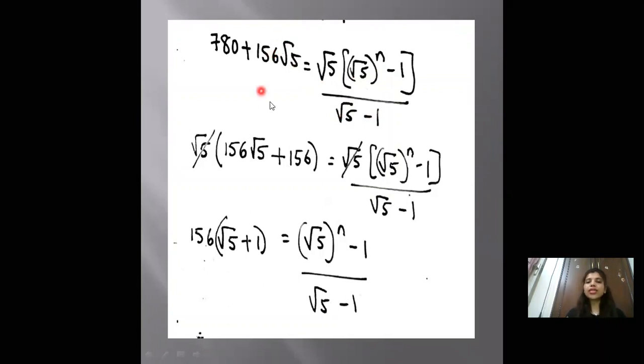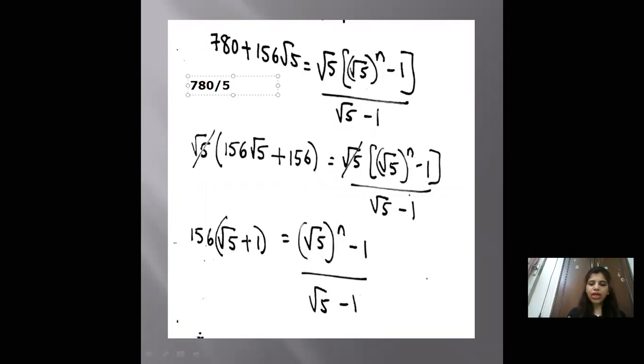Now here you can see that I want to pull root 5 common. So how to know what will remain in the bracket? For that, you have to divide the value 780 by 5.